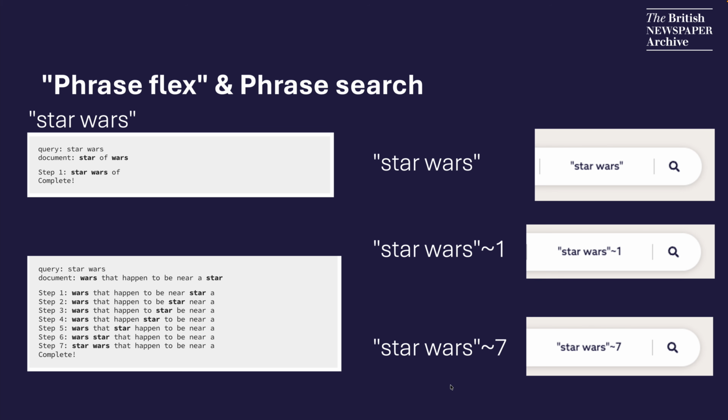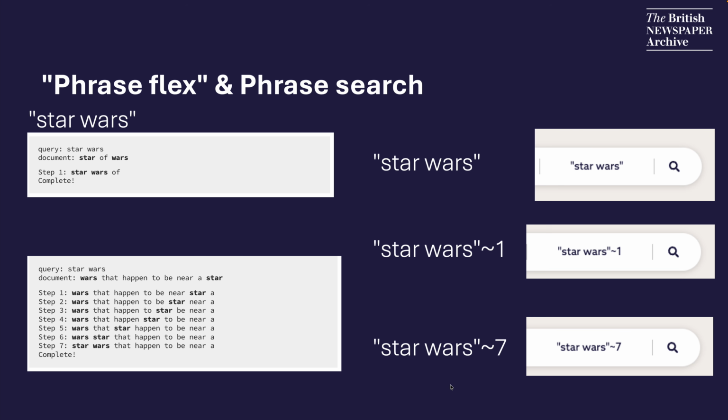So as well as phrase search, which was present in the old BNA, there's a couple of concepts we've introduced here. The first is phrase flex, which is, yeah, you can search on a phrase, but we can introduce a level of flex into that phrase. In this example, Star Wars, on a phrase flex of 0, it has to be the phrase Star Wars. Those two words in that order with no variation.